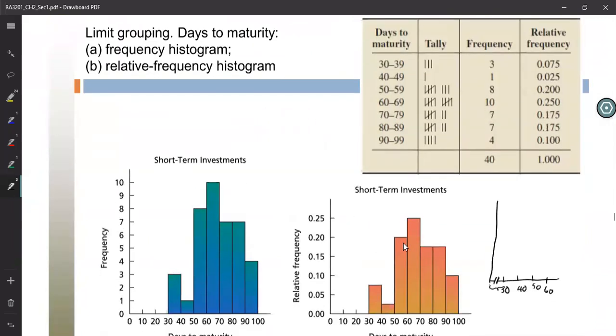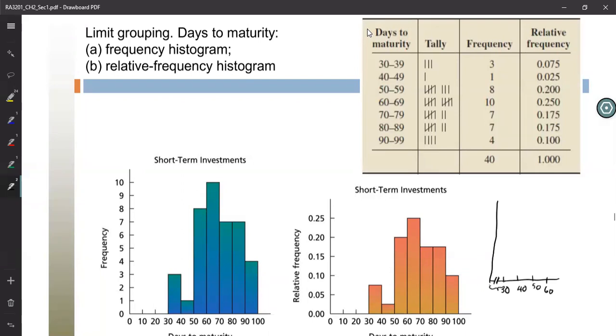Okay. So as I mentioned, this is not the only way to draw the histogram. For this one, we have used the class width of 10 with 7 classes. If someone thinks, okay, I'm going to use the class width of 15, then they can go for 30 to 44, 45 to 59, 60 to 74, 75 to, and so on.